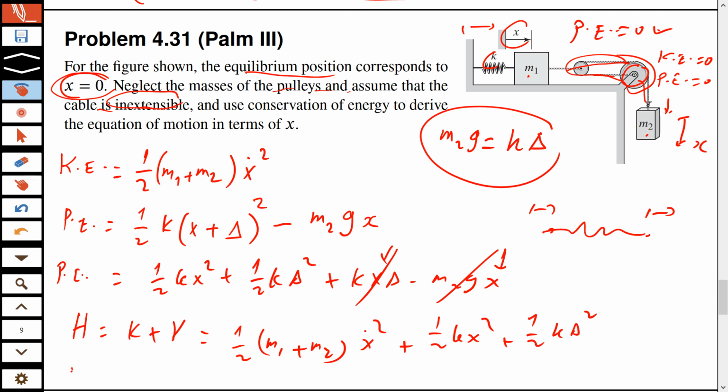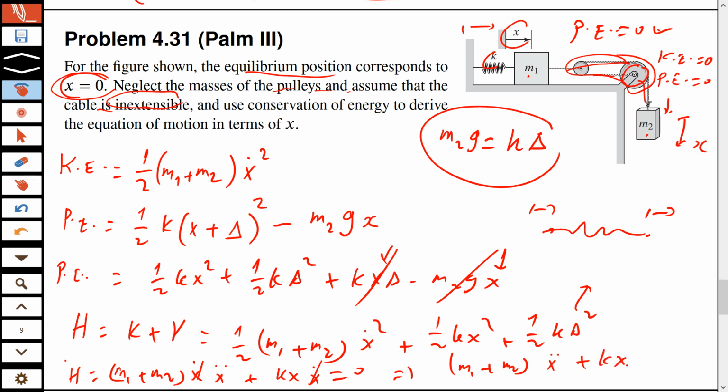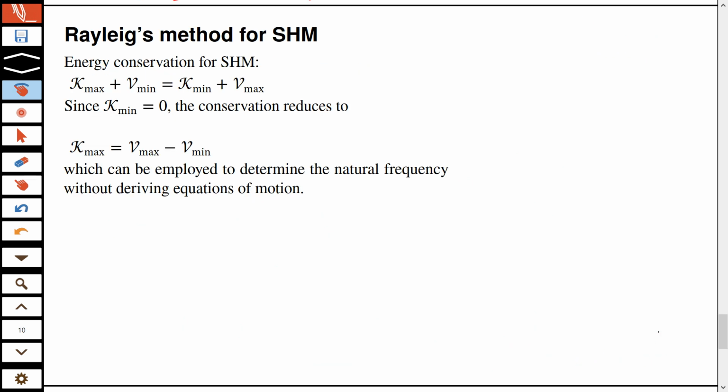And if I now take the derivative, it will be (m1 plus m2) x dot x double dot plus k x x dot, and the derivative of the constant is 0. Set to 0, cancel out x dot on both sides, and now you have (m1 plus m2) x double dot plus k x equals 0. So that was also easy.